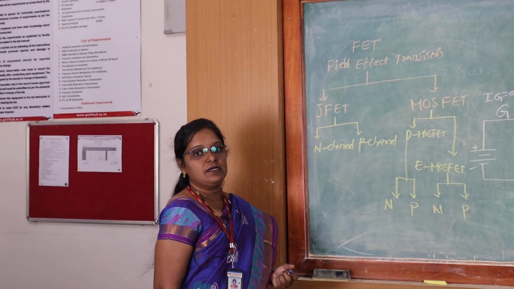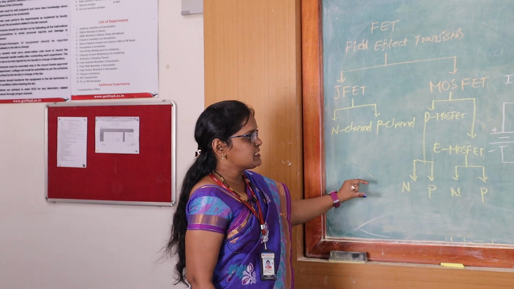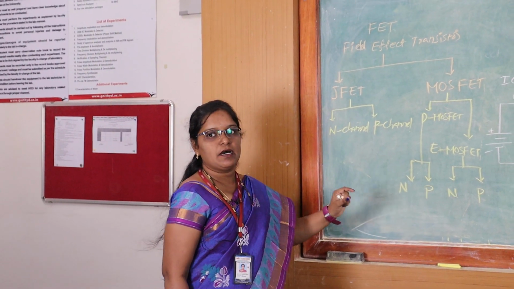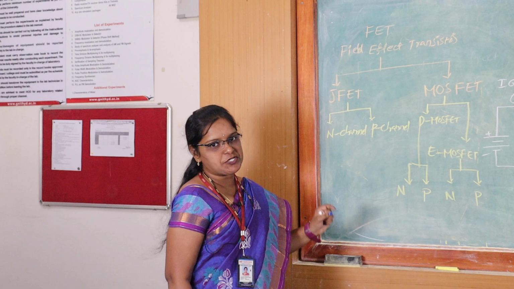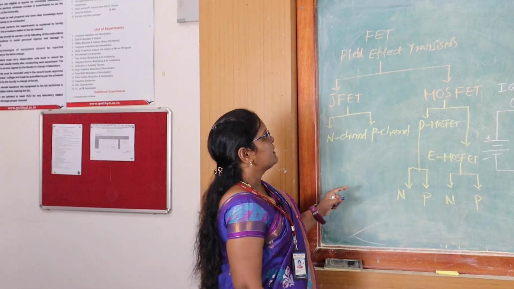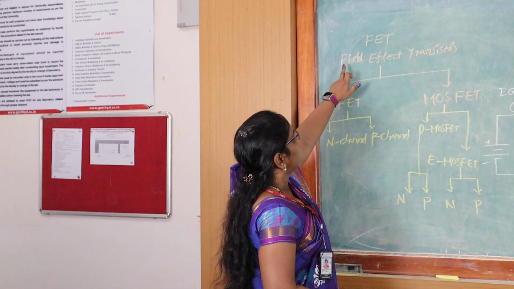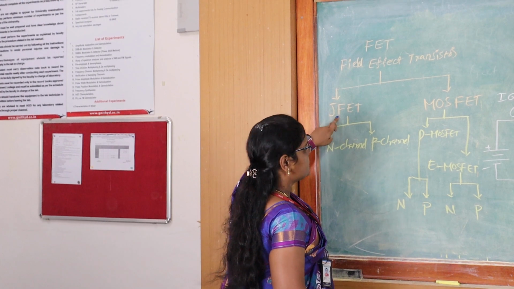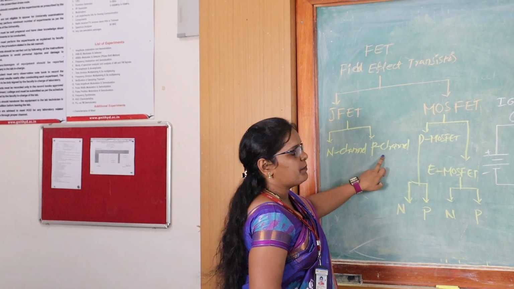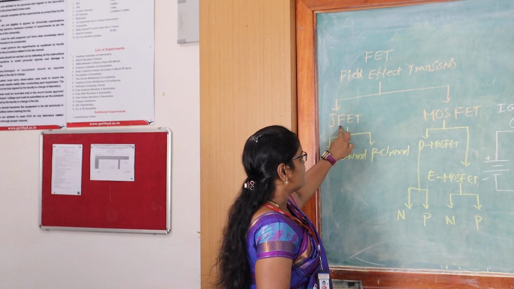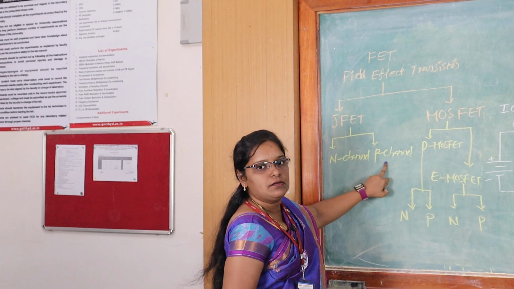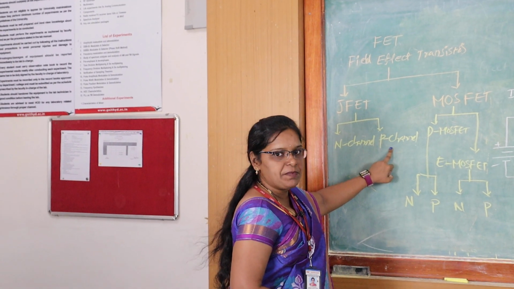The type of the transistor will be decided by choosing the substrate material. Here I would like to focus on the junction field effect transistor, which is of P channel. We will discuss the P type or P channel JFET.